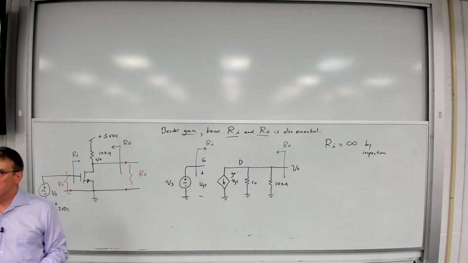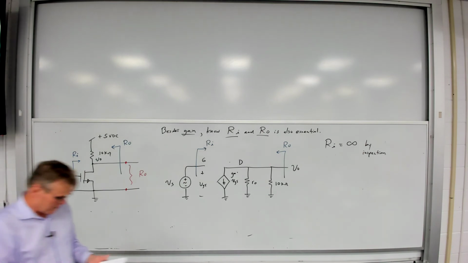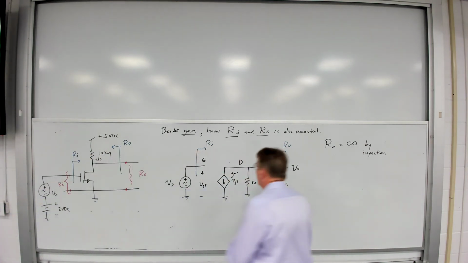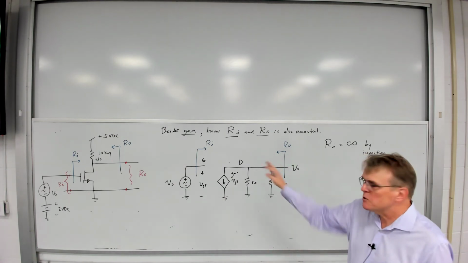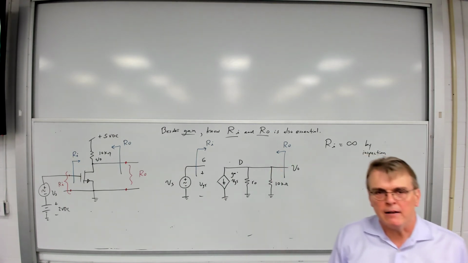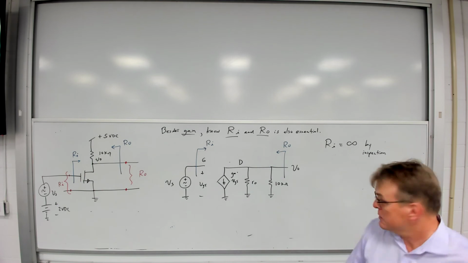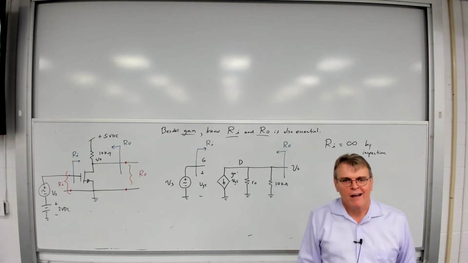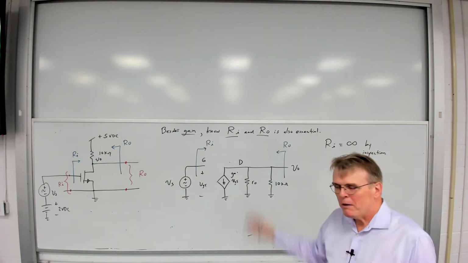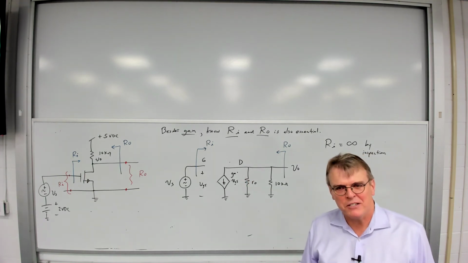What about the output resistance? That's trickier. If I want to calculate the output resistance, what's the first step I need to do to calculate Thevenin resistance? Because obviously looking at this thing, I've got a dependent source here, right? So what do I do with this dependent source? Well, that's a good question.